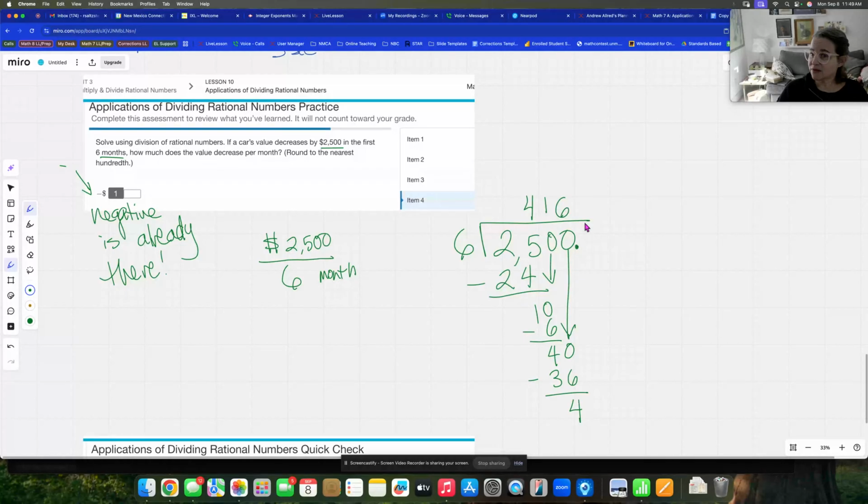Okay, add the decimal here. Annex a 0. 6 goes into 40, and I'm going to do this a little longer than I did the last time. It is repeating, but this is money, so I want to at least round to the nearest cent.